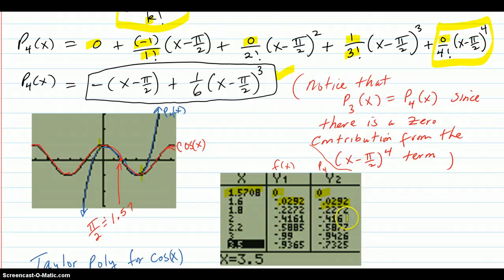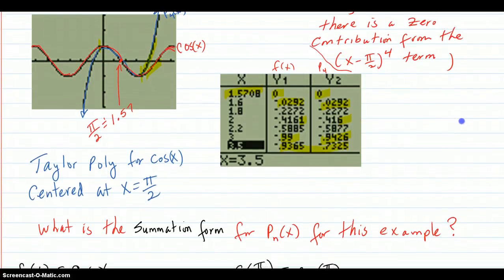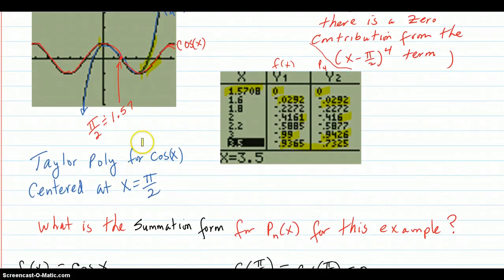At 2, you start to see just a little bit of divergence and so forth. Starts to diverge here. Really bad at 3.5, as you can see. That's where it starts to diverge really badly. So it's all making sense. So we have found the Taylor polynomial for cosine of x centered at x equals pi over 2.